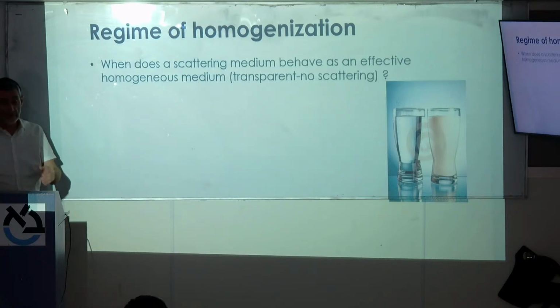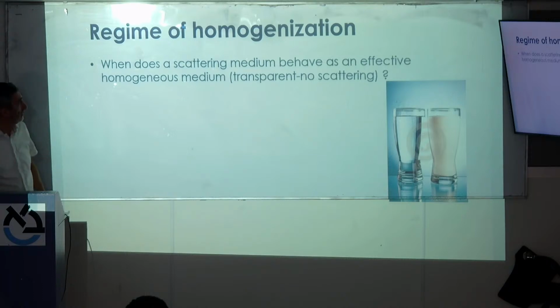It's related to the mean field approach, where the medium can be described as transparent, but with some index of refraction. Again, we have particles there. The molecules of water are there, and they scatter light. Maybe weakly, but they are scatterers.